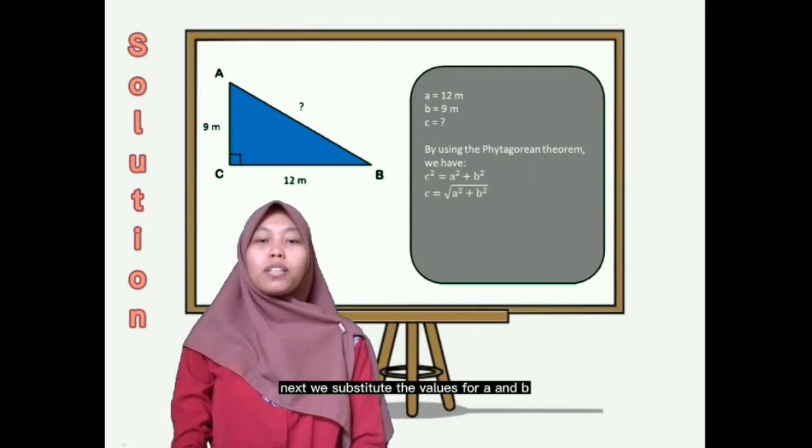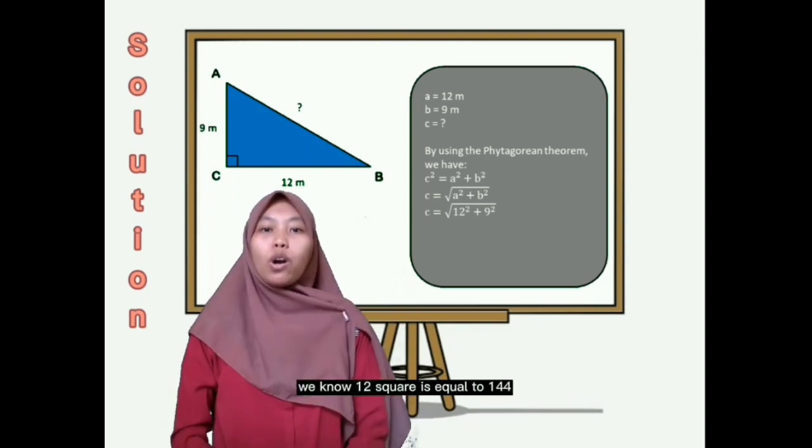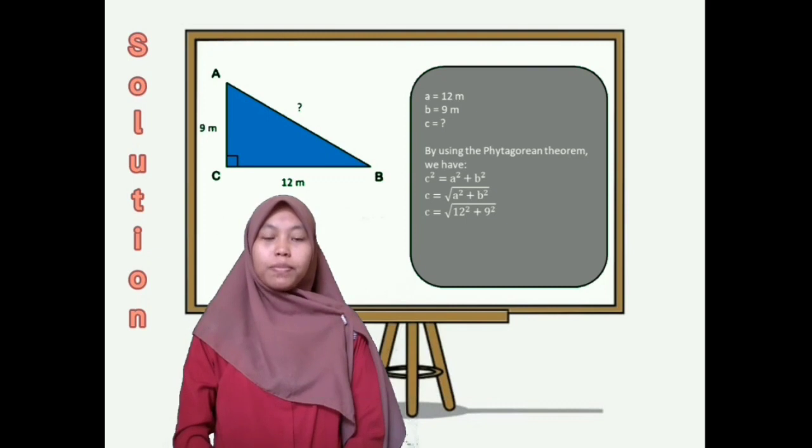Next, we substitute the values for A and B, so C equals the square root of 12 squared plus 9 squared. We know 12 squared is equal to 144 and 9 squared is equal to 81.